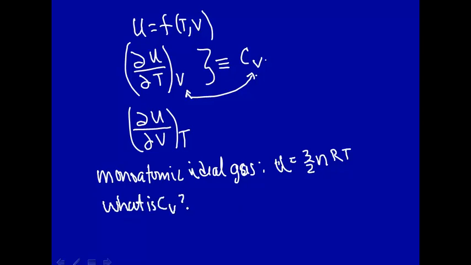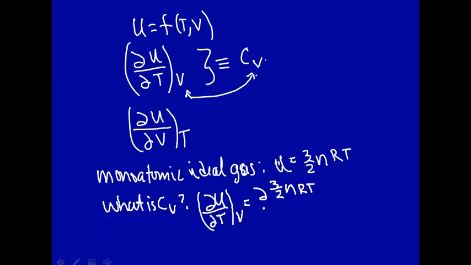So what is the heat capacity at constant volume? Well, heat capacity at constant volume is the derivative of U with respect to T holding V constant. So the derivative of U with respect to T holding V constant is a derivative of 3/2 nRT. I should really be talking about partial derivatives.